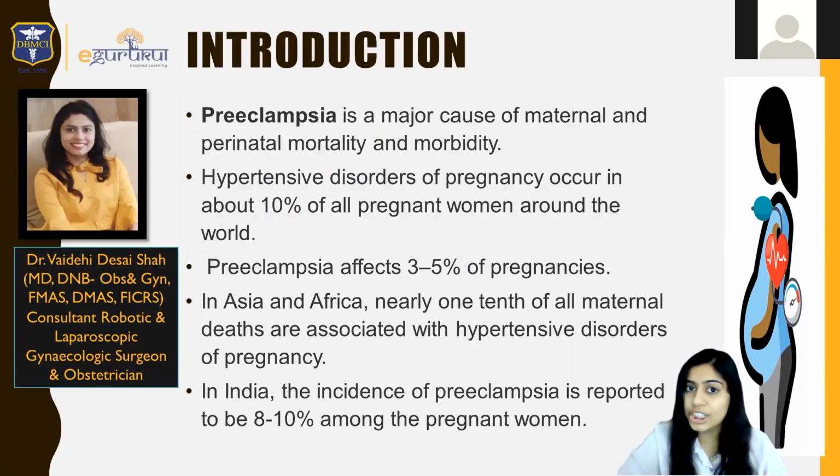So you can imagine the burden of maternal mortality resting on the shoulders of hypertension. That is why this topic is very, very important if we are targeting to decrease maternal mortality and morbidity rates. In India, the incidence of preeclampsia is reported to be 8 to 10% among pregnant women.